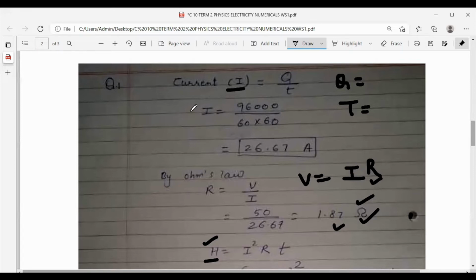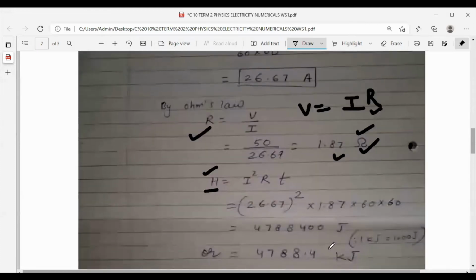Now we have found I and R also. Now we can easily put these values into the final formula to find the heat produced. So heat is equal to I squared RT. We keep I squared, that is 26.67 raised to power 2, multiplied by R, that is 1.87, into the time. 1 hour becomes 60 into 60, because we write the values in seconds.